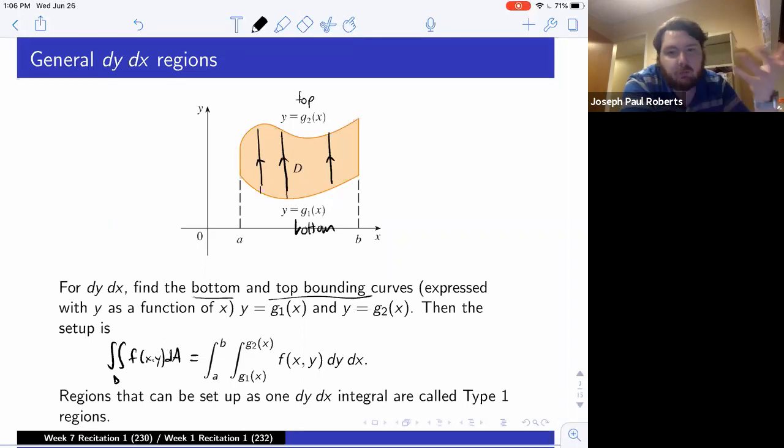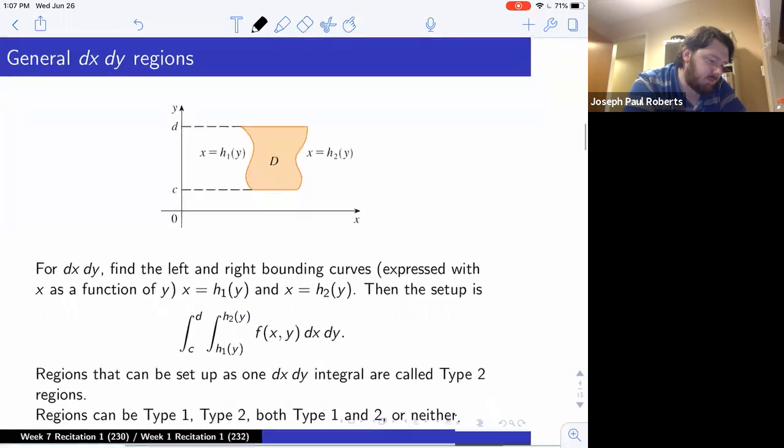And so those are what the inner y bounds represent, the bottom and top curves for your region. And so it's not so important, but we can call regions that we could do with one dy dx integral type 1 region. So I'll show you an example of when it wouldn't necessarily be type 1. But anyway, that's the situation for dy dx.